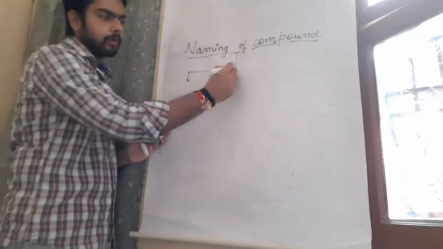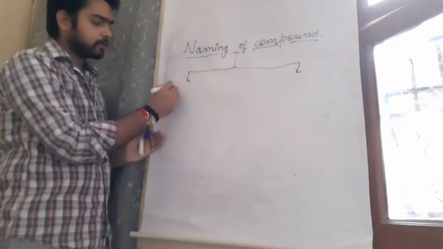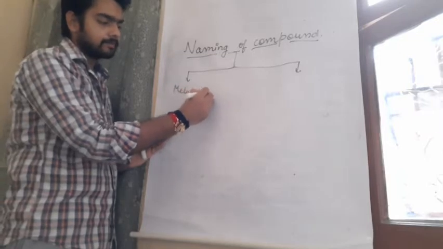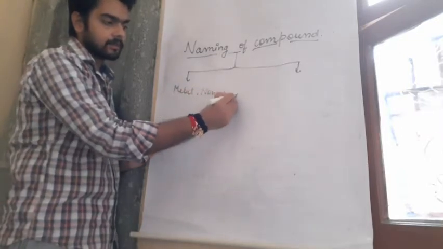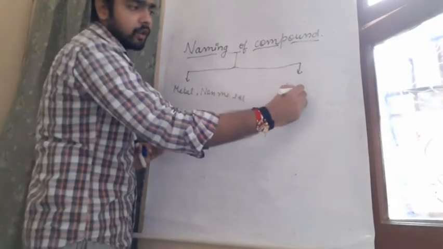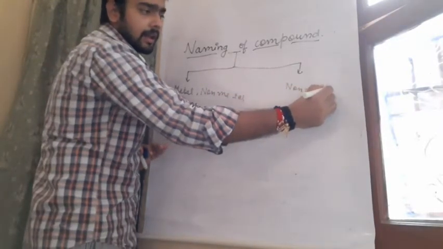If we talk about basics, there are only two types of compounds. One in which there is one metal and a non-metal, and the other one in which we have a non-metal and a non-metal.